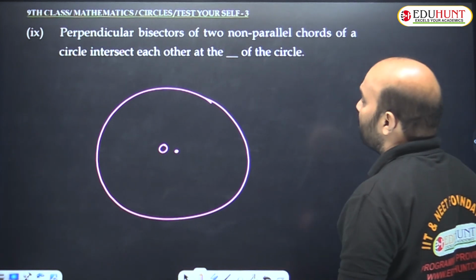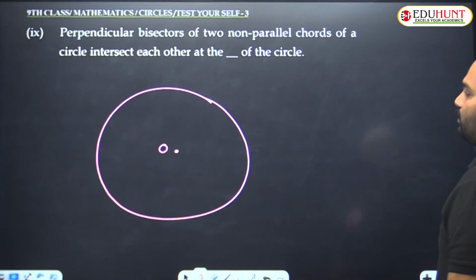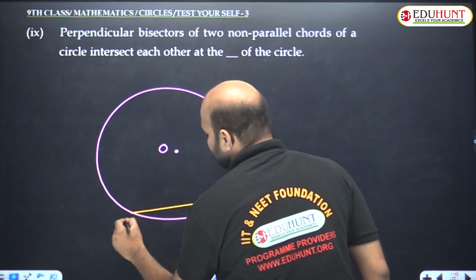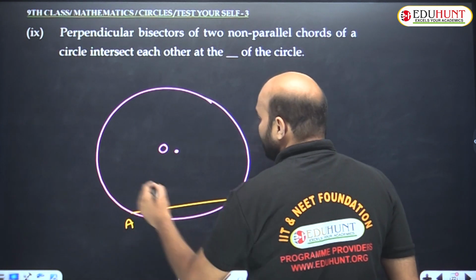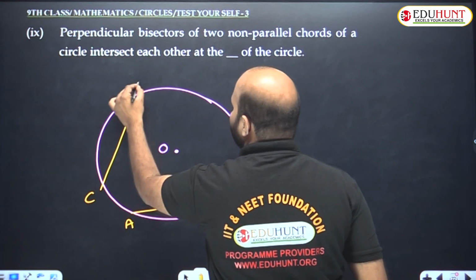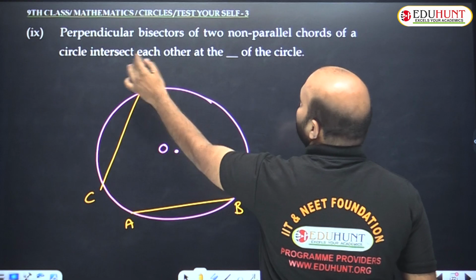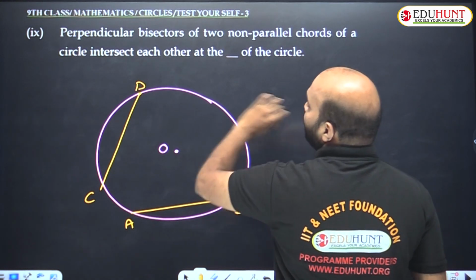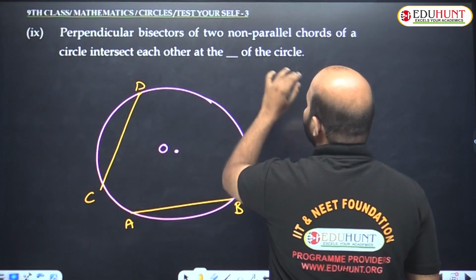For example, this is non-parallel. So AB is one chord and CD is a second chord. These two non-parallel chords of a circle intersect each other at the dash of the circle.